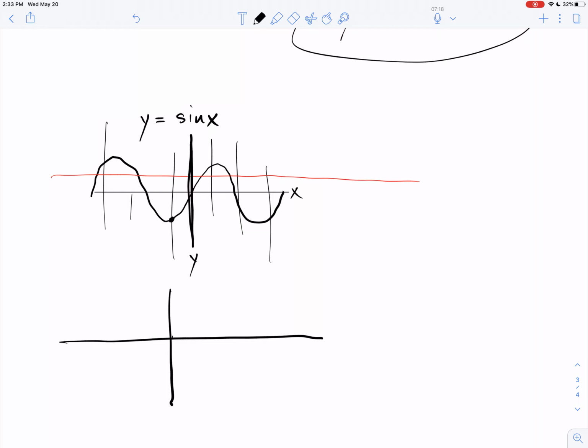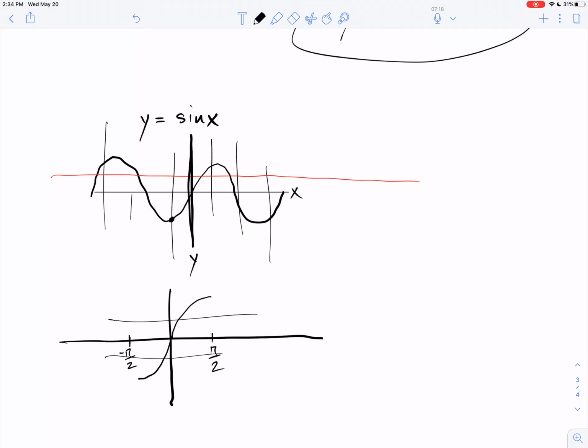But here's the thing. This graph, if I look at it just from here to here, will it pass the vertical line test? Can I draw vertical lines, only hit it once? Yes. What if I draw horizontal? I'm not going to have any repeats. So this is partitioned on a sine graph from negative pi over 2 to pi over 2.